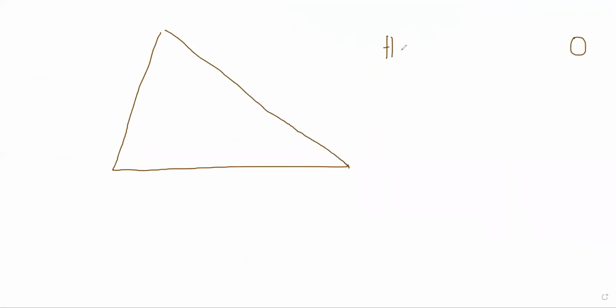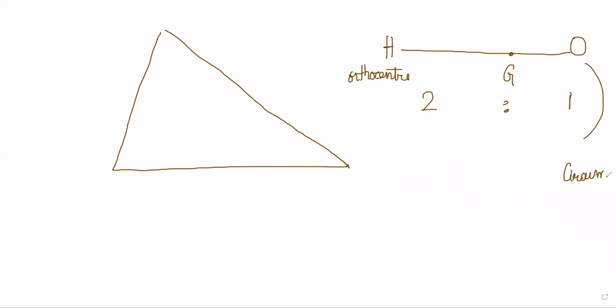Combining this with the previous class, when we proved that the orthocenter and circumcenter are divided in the ratio of 2:1 by the centroid, right? This is the orthocenter and this is the circumcenter. We proved in the previous class that this is divided in the ratio 2:1.